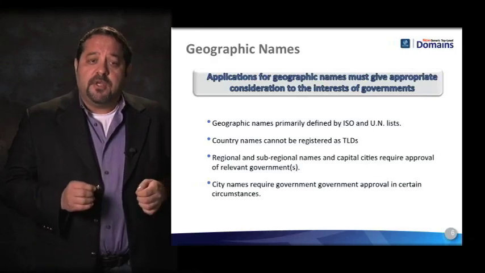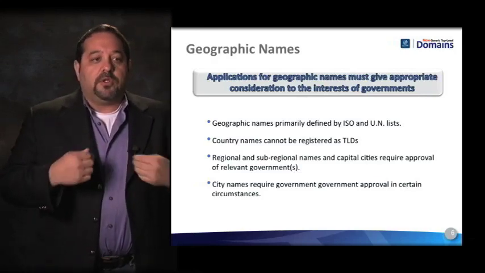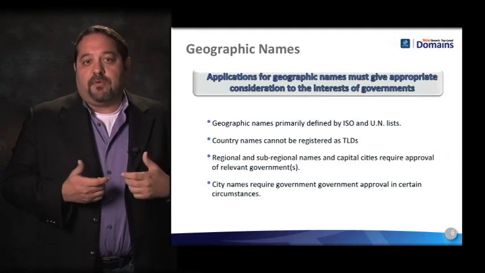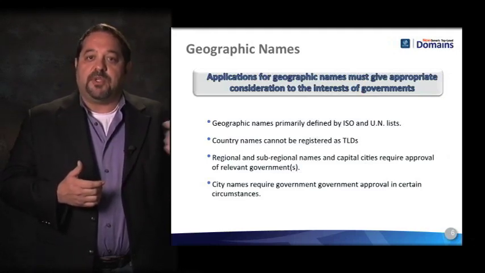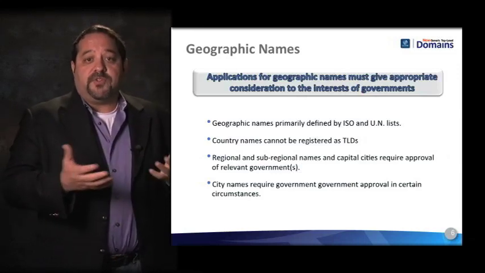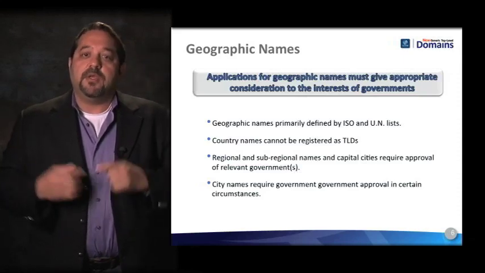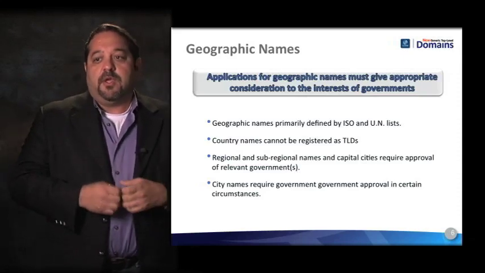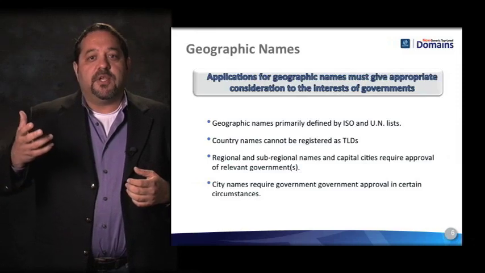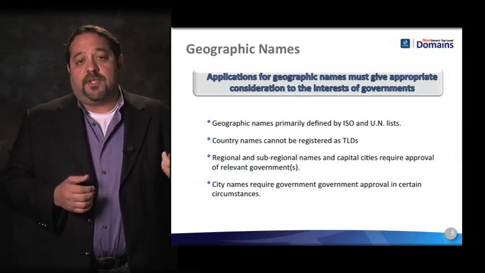In addition, the geographic panel will look through the applications. They will look at the name that's being applied for and determine whether or not that actually represents a geographic name. So for example, you may represent a city, but perhaps have not signified that you want to be a geographic name. You have a name that looks like a capital city or a region that is covered under one of the ISO lists.